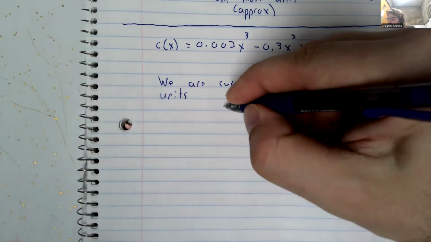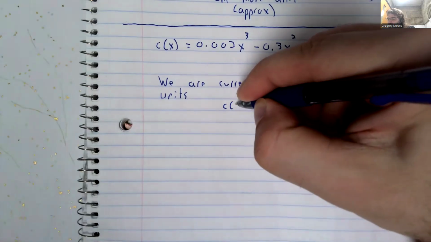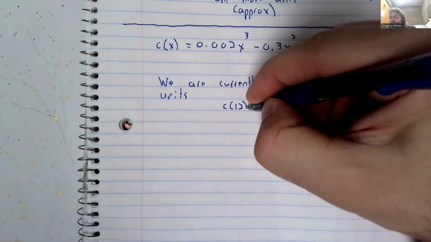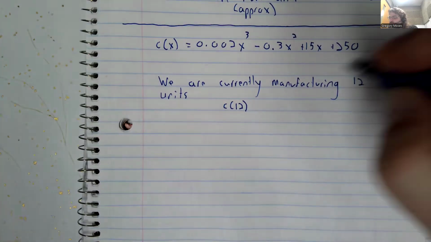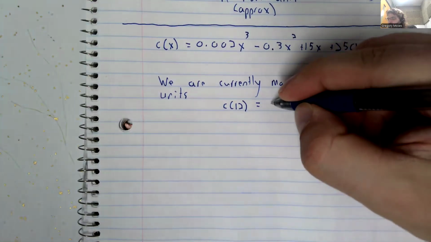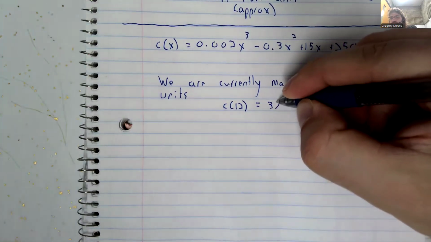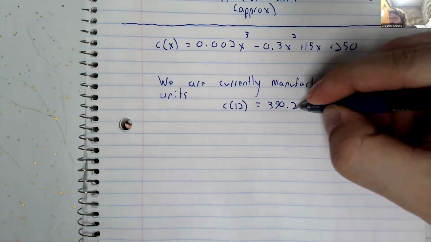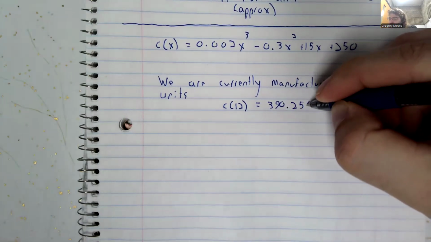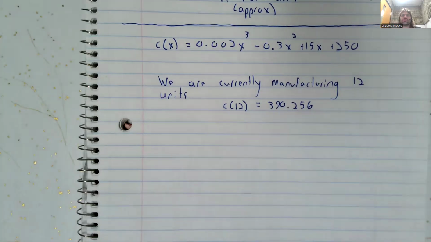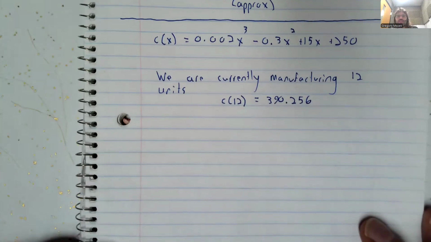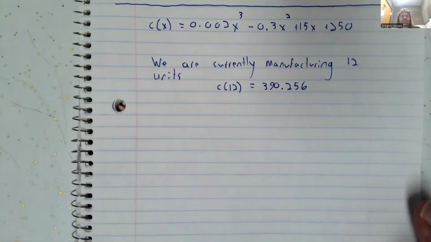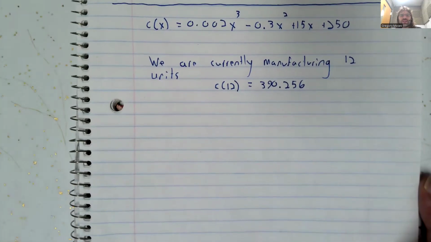This is just algebra. If we take 12 and plug it into this polynomial, we get 390.256.